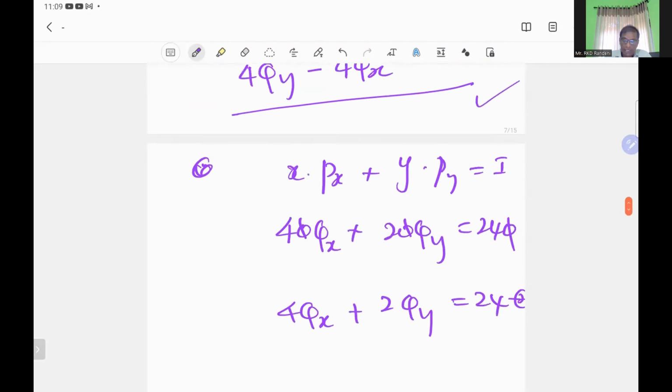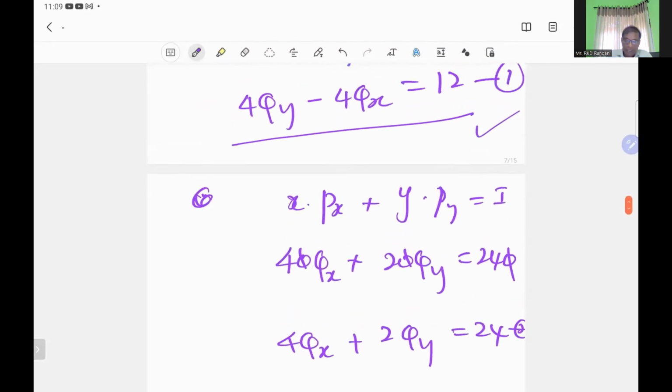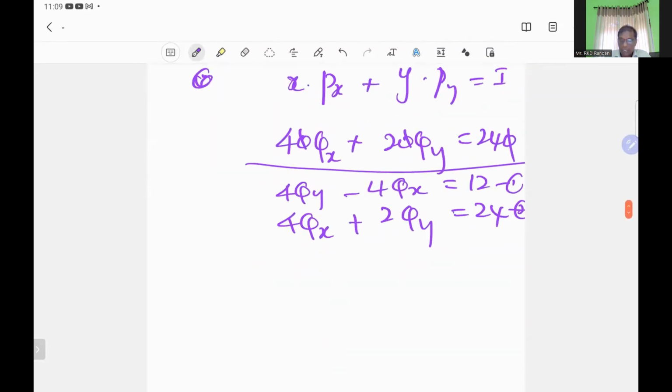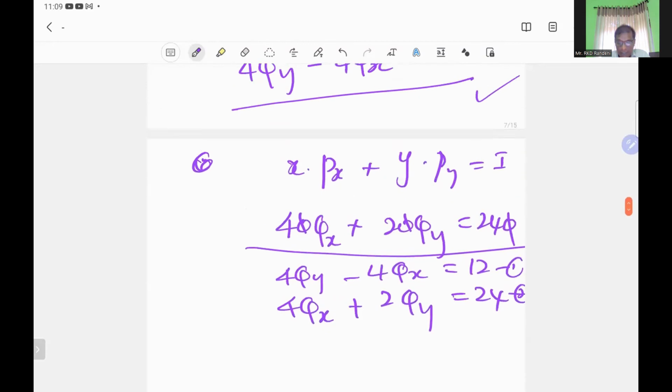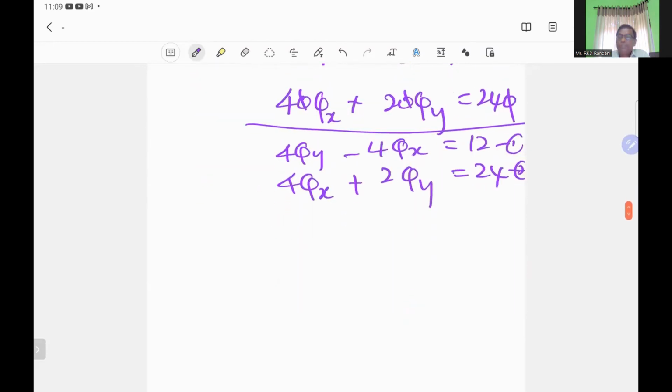Then there are two equations. One is, we will put here, 4qy minus 4qx equal to 12. Right. Now there are two equations. According to the equilibrium conditions, we can write these two equations. Right. Now you can solve these two equations.